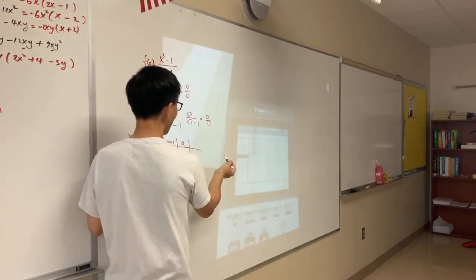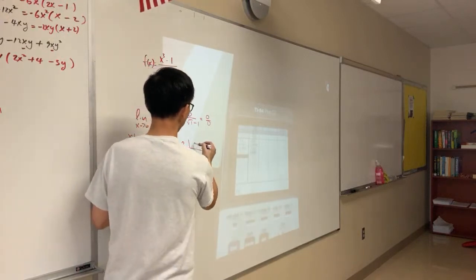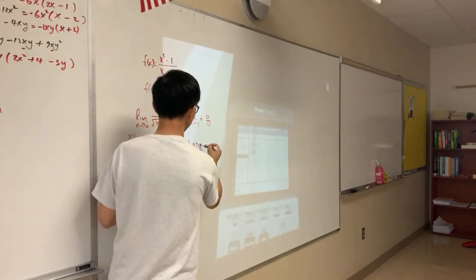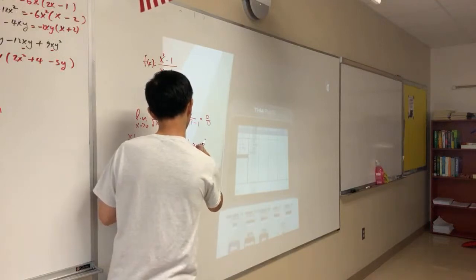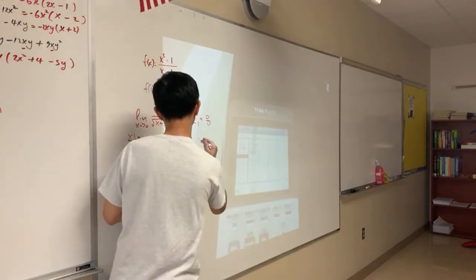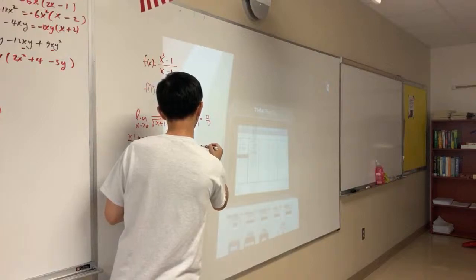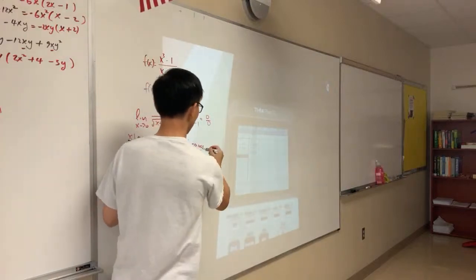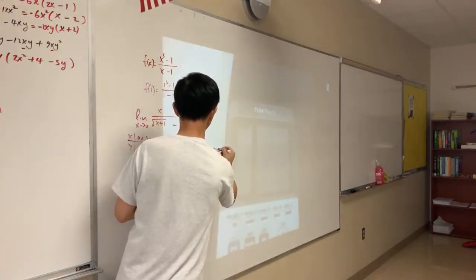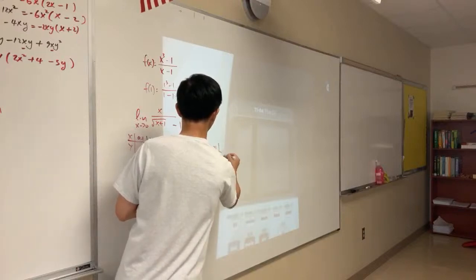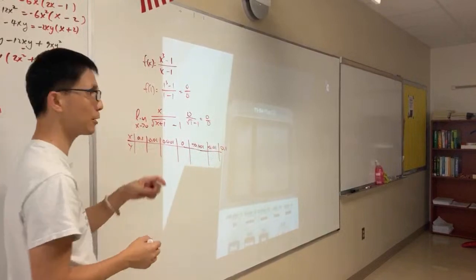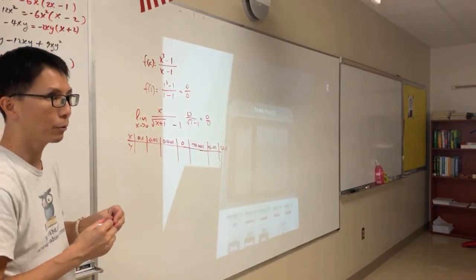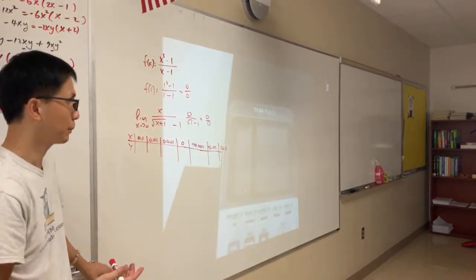So what's on the other side of the value? Negative 0.001, right? And that's 0.01, and then 0.1. So if you build a table and plug in those values, you're gonna find out what 0 eventually goes into.